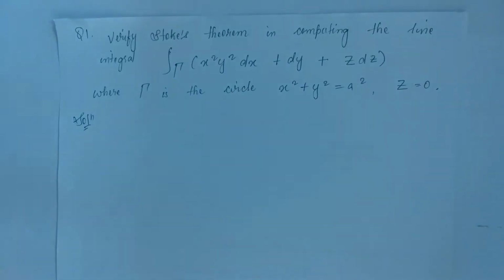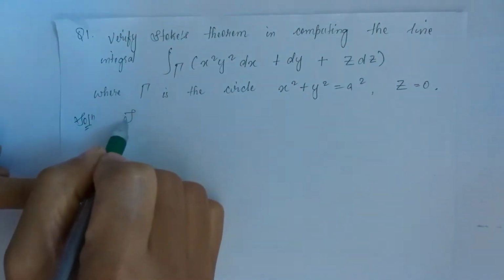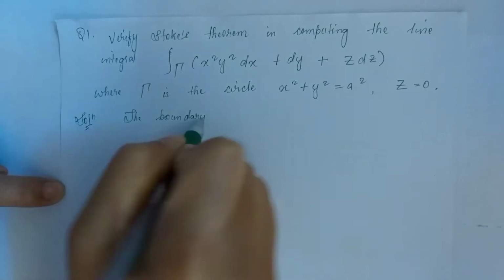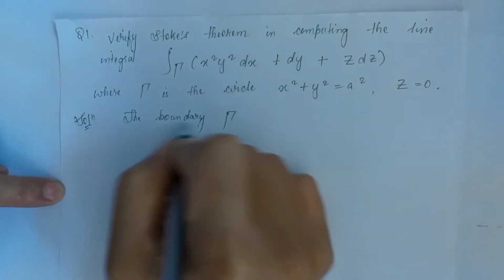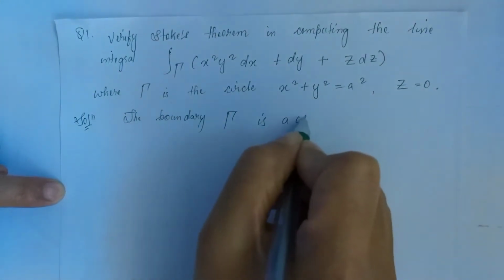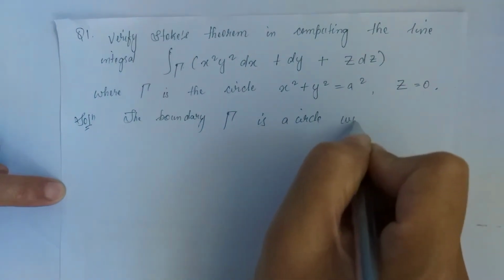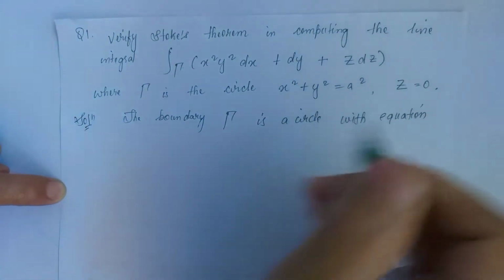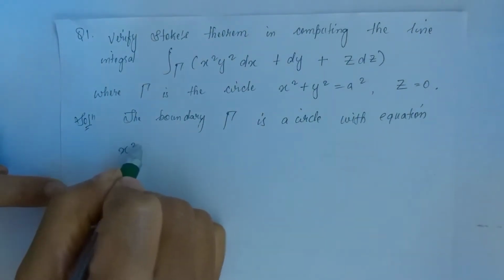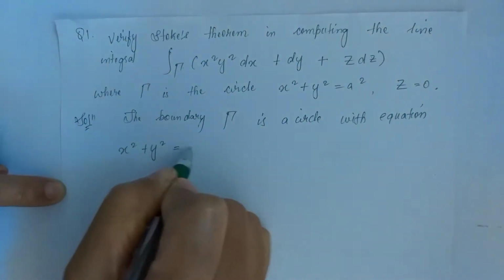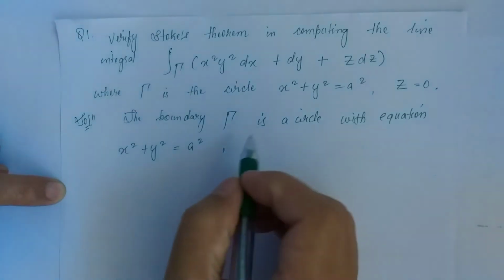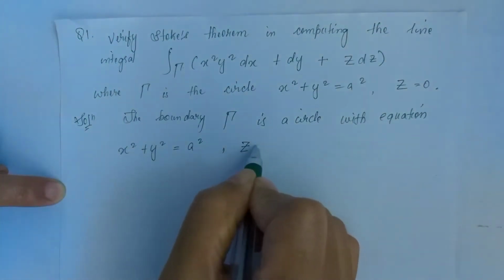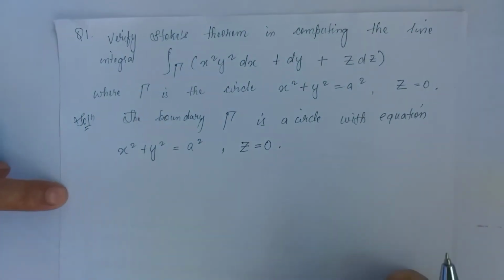Let us write a solution. The boundary rho is a circle with equation x squared plus y squared equal to a squared, and it will be on the xy plane, so our z is equal to 0.